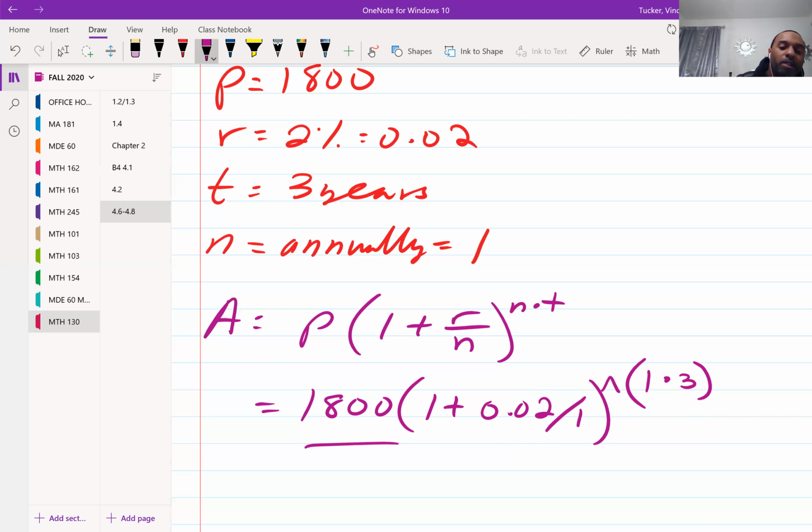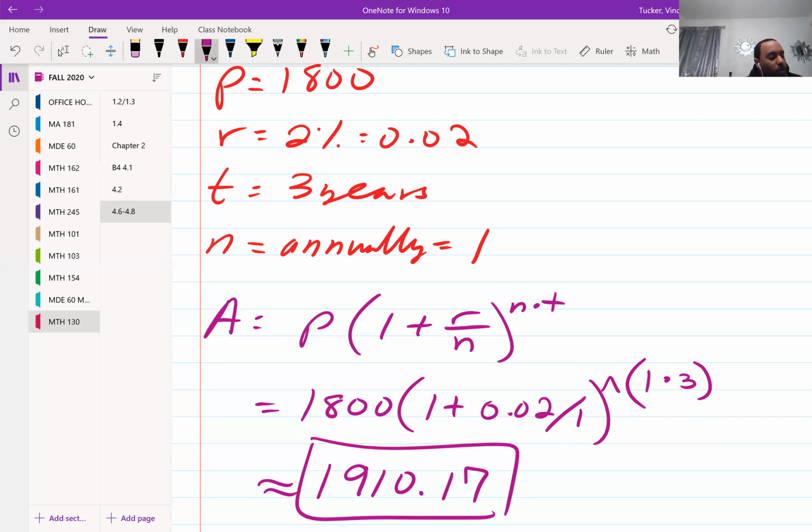So once again, it depends on the type of calculator you have. And when you get to this section, if you need help or you have questions about whether your calculator can do certain things, let me know and we can make it happen. So throwing that in the calculator, you should get $1,910.17.